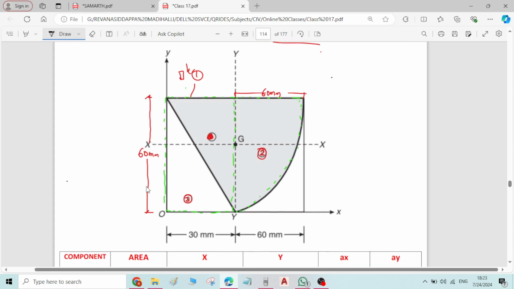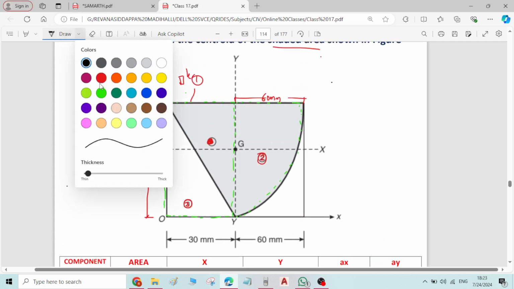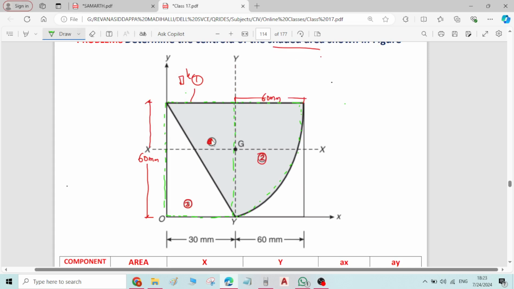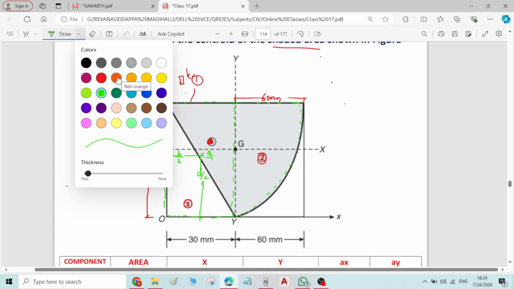I'll take the first component. Before that, let me write the formulas. For rectangle 1, if I take G1 as centroid, it is b by 2 and d by 2. Then for the quadrant of the circle we know the formula.